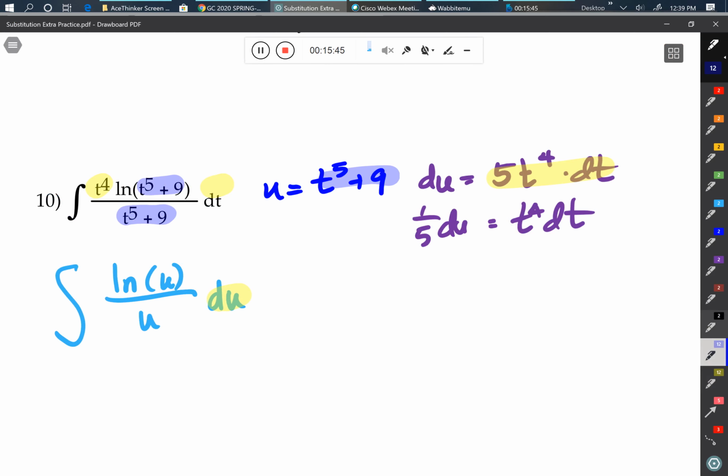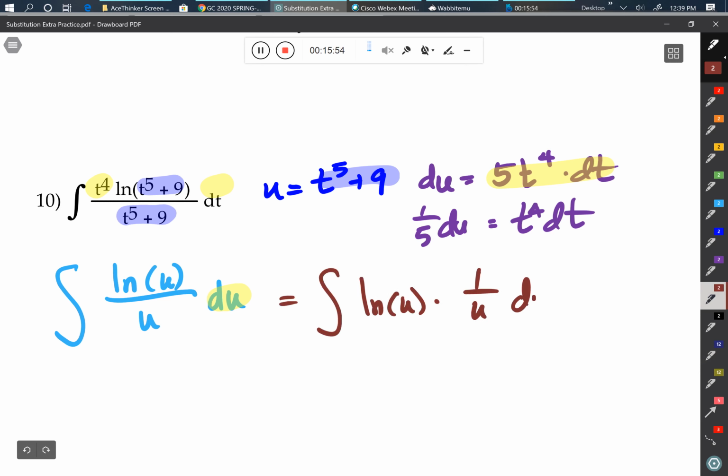Now, depending on how good you are at seeing things, do you see this as the natural log of u times 1 over u du? And guess what? We'll do substitution again. I can't use the letter u again because I already used it, so I'll say v. But wait, no. I don't need substitution. Isn't this the derivative of that?